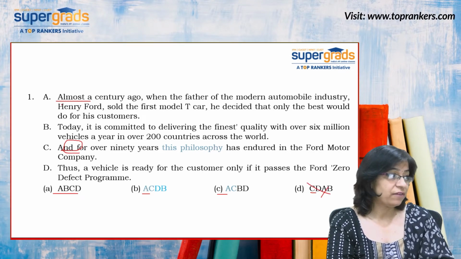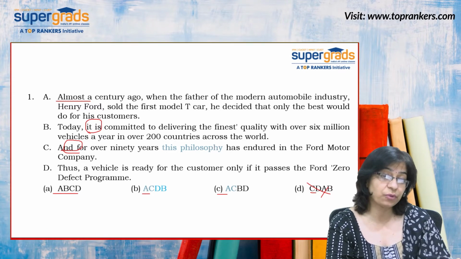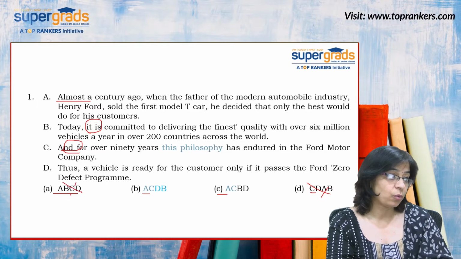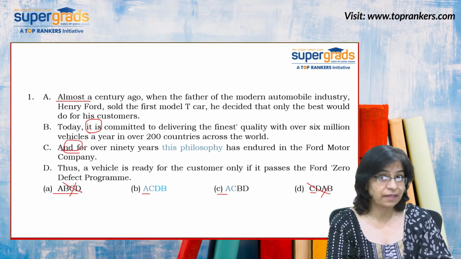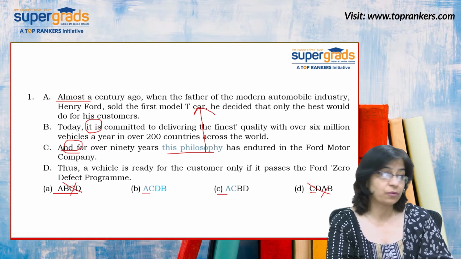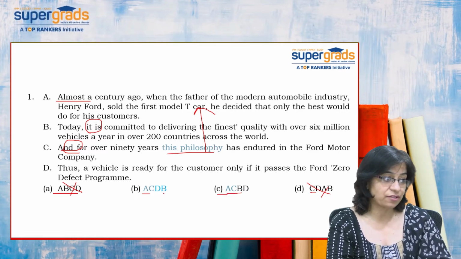Now let's see if we can find a paired sentence for option A. Today it is committed. Now, it would not refer to Henry Ford. It could refer to his company. So, A and B would not be paired sentences. We can eliminate this choice. A and C. And for 90 years, this philosophy. Which philosophy? That only the best would do for his customers. So, A and C look like mandatory pairs.